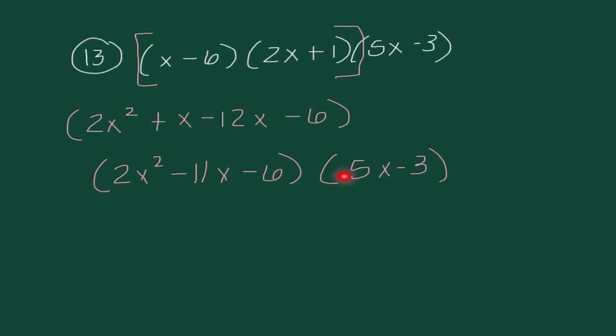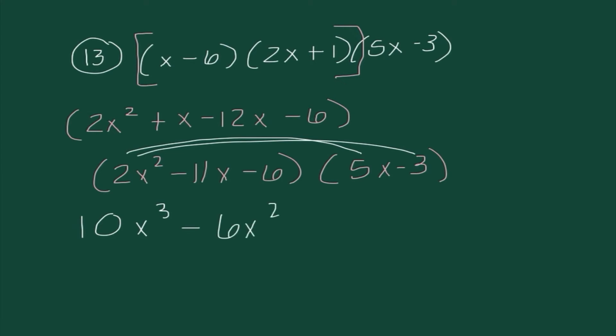Now I have a trinomial times a binomial. So I'm going to have to distribute, and I get 10x cubed minus 6x squared minus 55x squared plus 33x minus 30x plus 18.